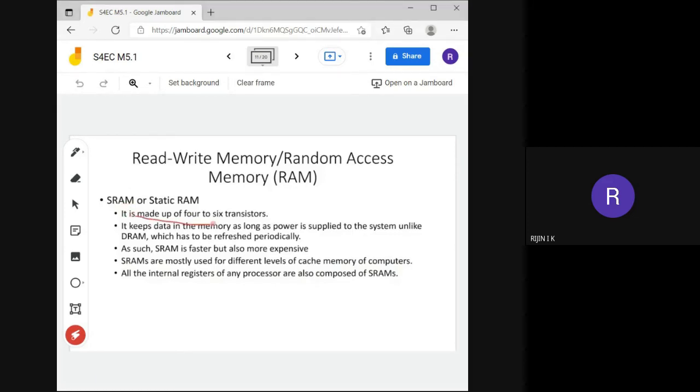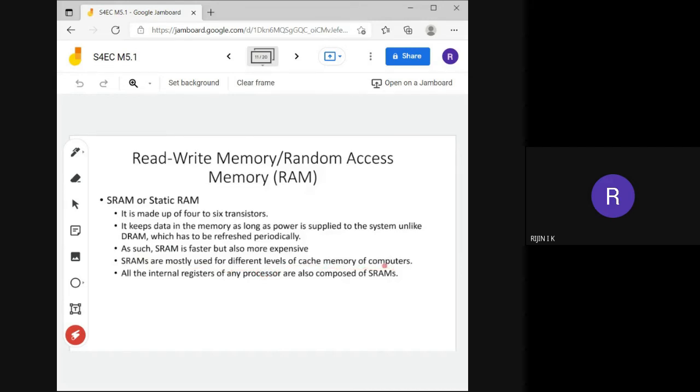It is made up of 4 to 6 transistors and it keeps data in the memory as long as power is supplied to the system, unlike DRAM which has to be refreshed periodically. SRAM is faster, but it is expensive. SRAMs are mostly used for different levels of cache of computer.